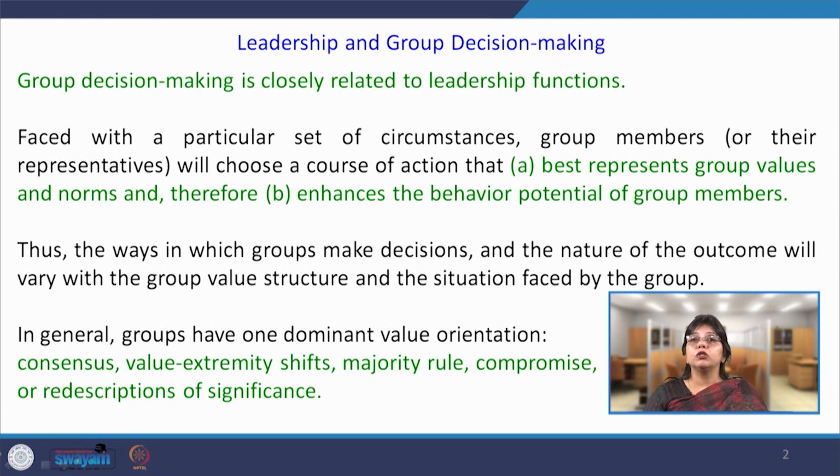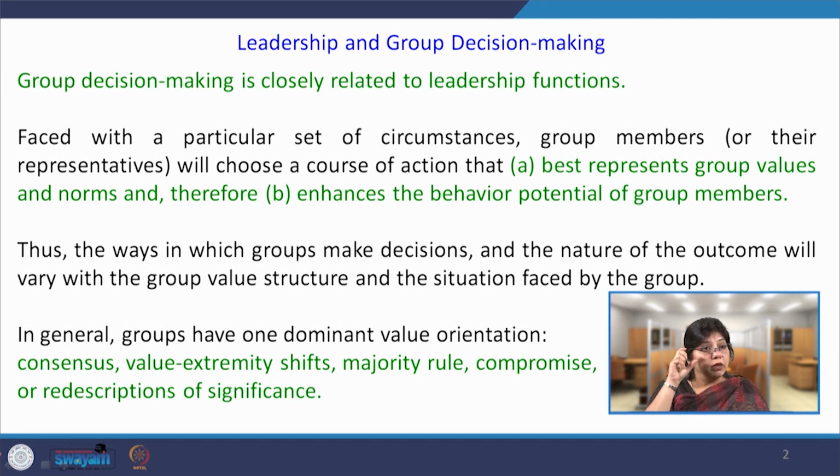Thus, the ways in which groups make decisions and the nature of the outcome will vary with the group value structure and the situation faced by the group. It is not only about the situation that the group faces and the outcome they get out of that situation. When decision making is involved between these two, that means the decision making style and the outcome, in between come the group values and the situation they face.